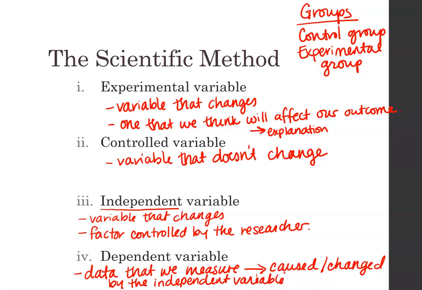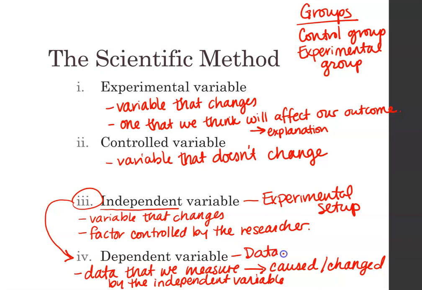So another way to think of this is that our independent variable affects or changes our dependent variable. So our independent variable is going to be the experimental setup. And our dependent variable is going to be the data we collect.